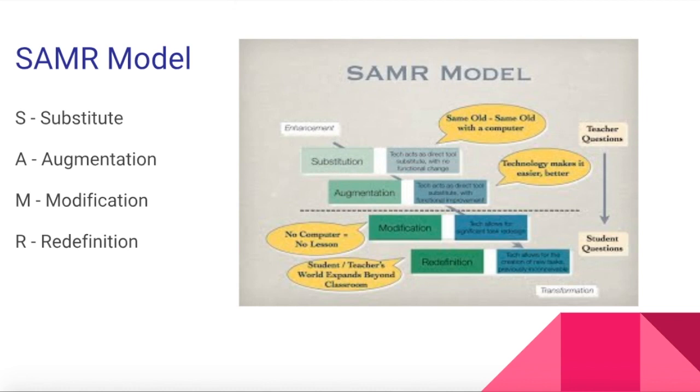The next framework we're going to look at is the SAMR model. The substitution, augmentation, modification, redefinition model offers a method of seeing how computer technology might impact teaching and learning. It shows a progression that often the teacher follows as they progress how they are teaching and learning with technology.